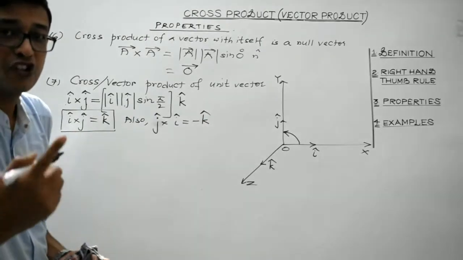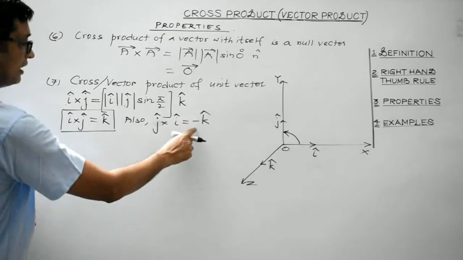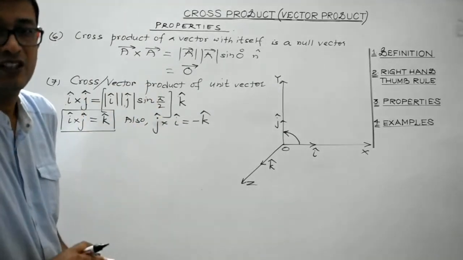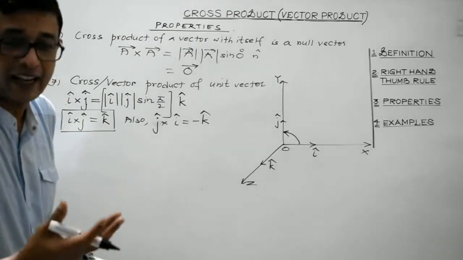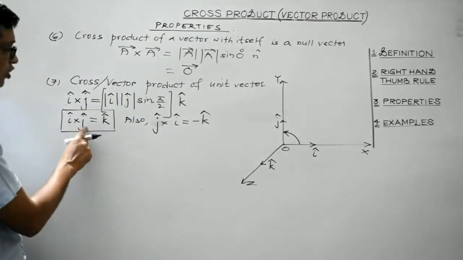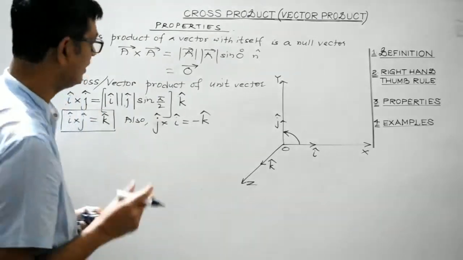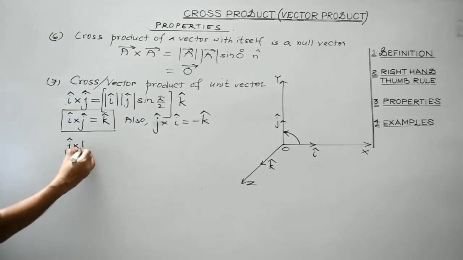Remember, i cross j would be equal to minus j cross i. So it will be equal to minus k cap. It does not obey the commutative law. A cross B is not equal to B cross A. A cross B is actually equal to minus B cross A. So using that concept, if i cross j is k cap, then j cross i would be minus k cap. Right? Okay. Now consider j cap cross k cap.